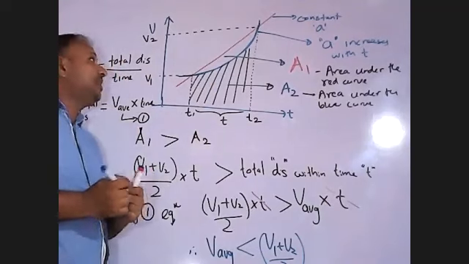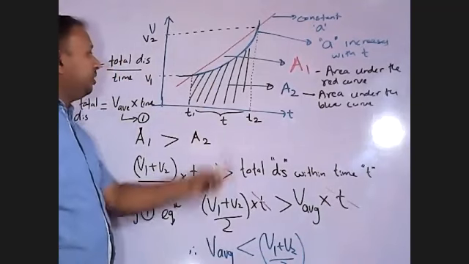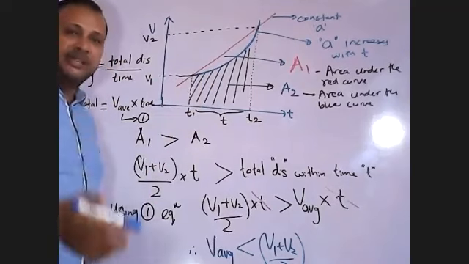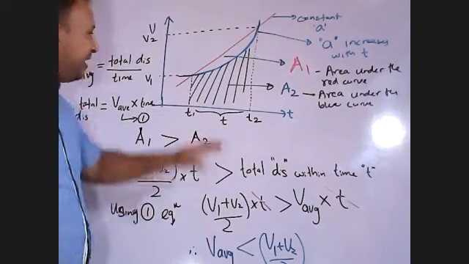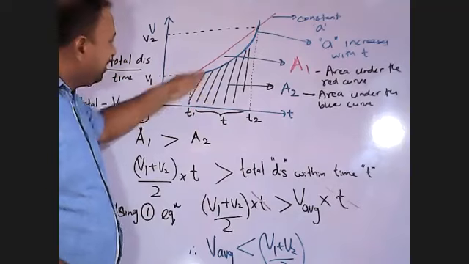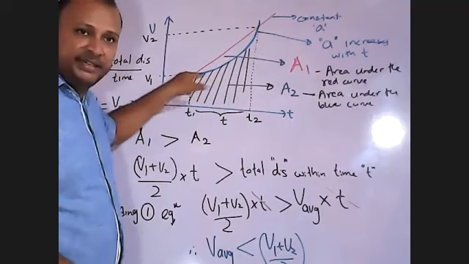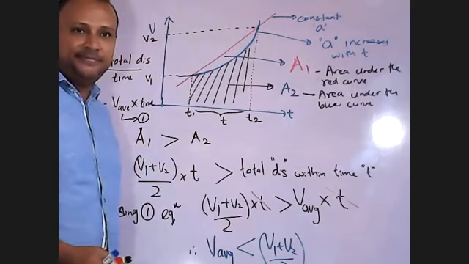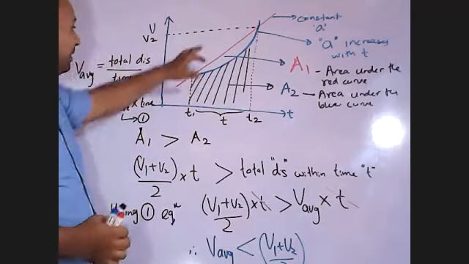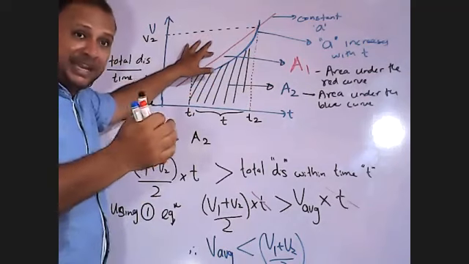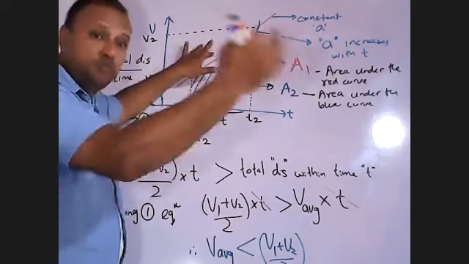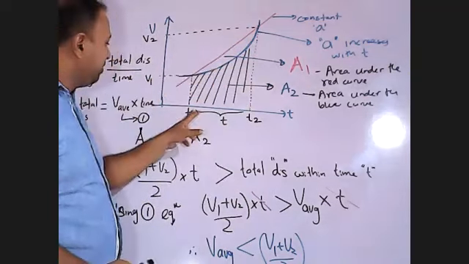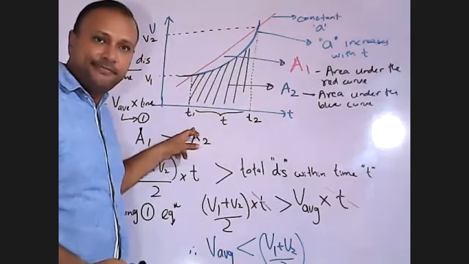Therefore, in the constant acceleration condition, you can simply understand that the area under the blue color one is lesser than the area under the red color one. Therefore, the red color object displaces more distance within this T time.